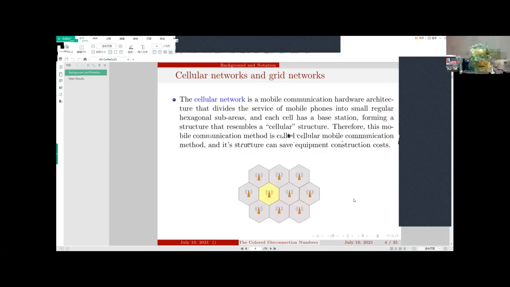For example, a cellular network is something like a honeycomb network. This is used for cellular mobile communication, and this is the structure of this kind of network.